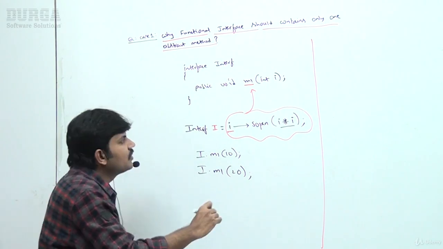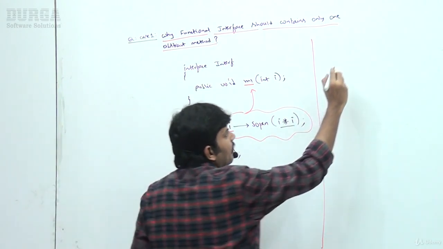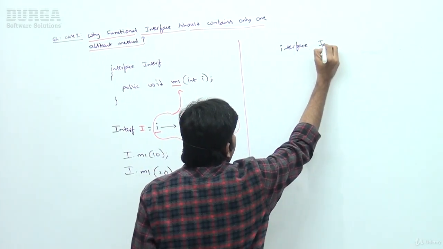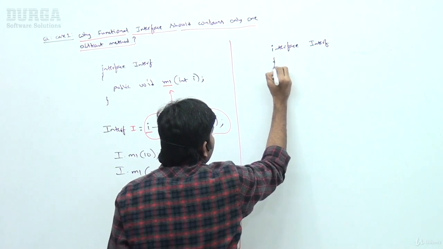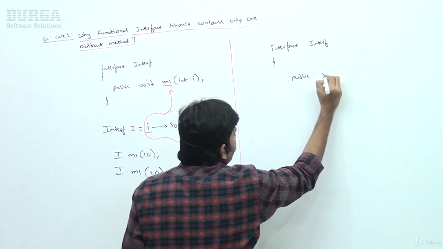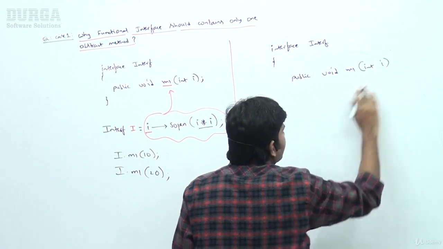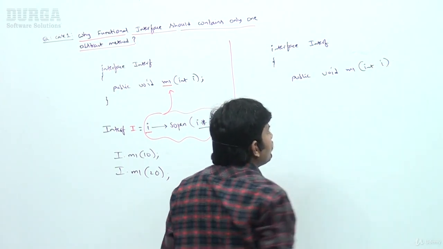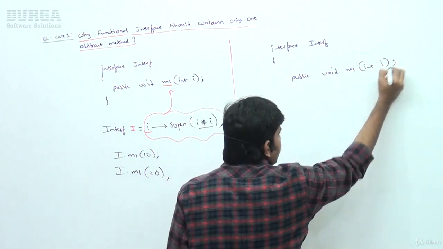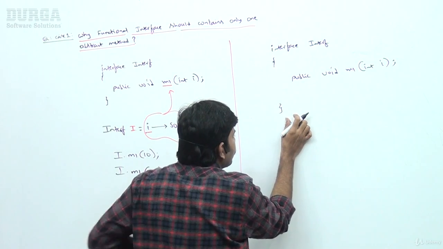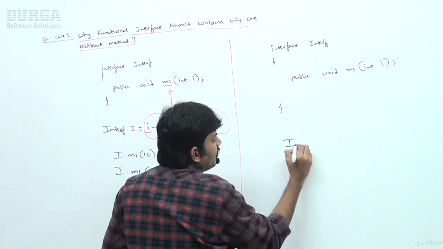Now, just take a different scenario. I am taking an interface Interf. I have public void m1 of int i. Same example only. I wrote a lambda expression. Can you spell out the way, sir?